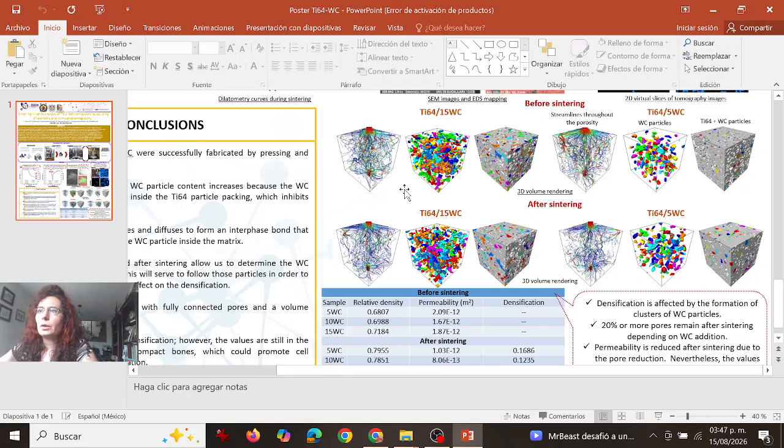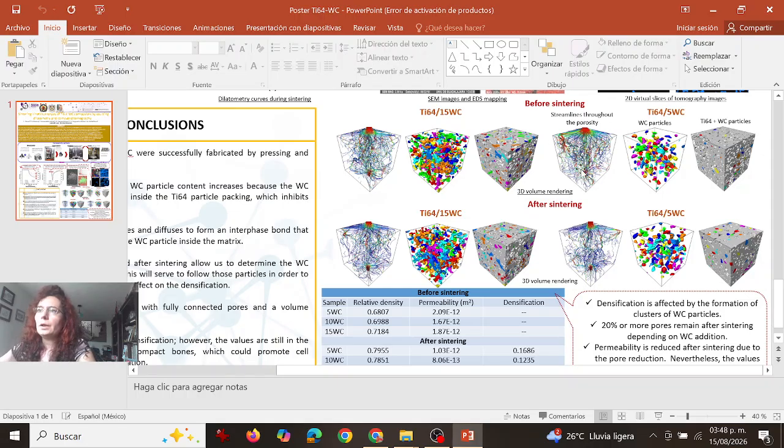We can see we have some very nice images that we obtained. These ones are for the Titanium-64 with 15% of tungsten carbide particles. This one for 5%. This is before sintering.